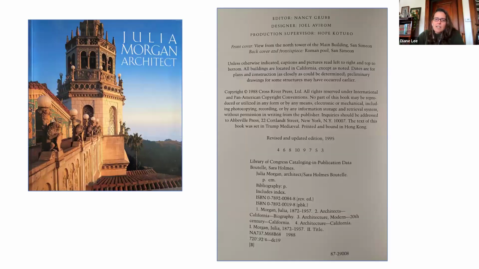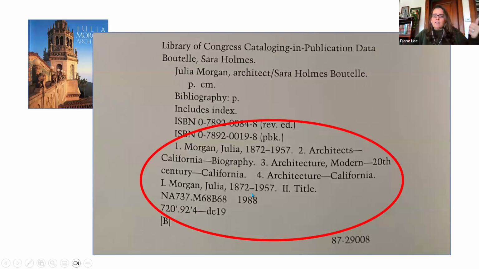So looking at subject headings, if we've not looked at these before, this is what you probably learned in school about opening up the front page of a book and looking at the subject headings to figure out what the book was about. So for instance, this one, you look in the front page and you've got Julia Morgan.